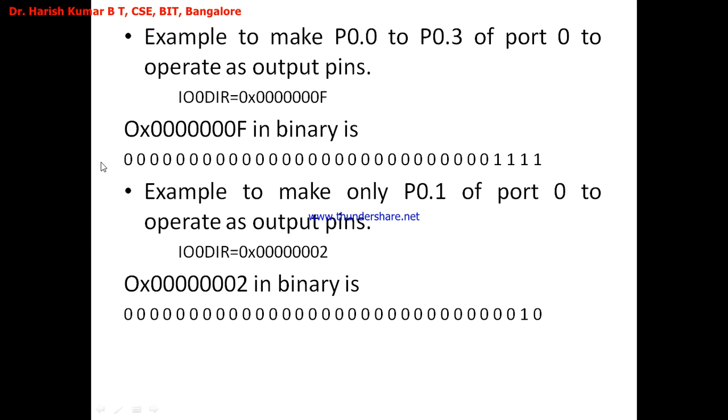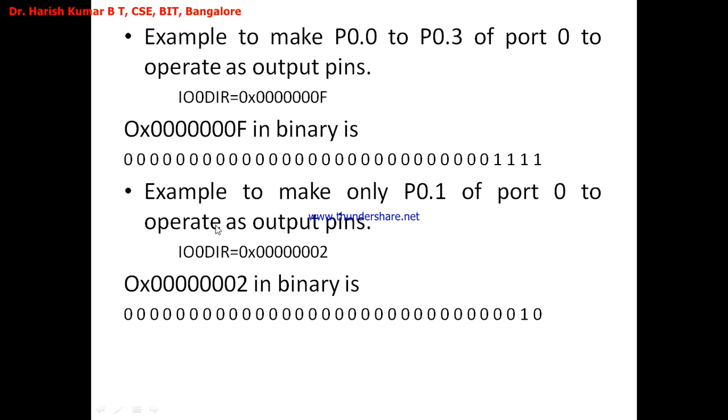Now when I write the binary form of it, you can observe here these are the 4 ones because of this F, and the rest are all 0. That means the port pins corresponding to these bits, P0.0, P0.1, P0.2 and P0.3, are acting as output pins.